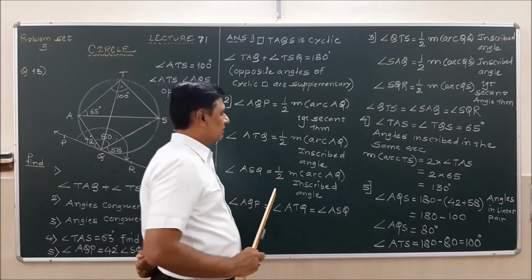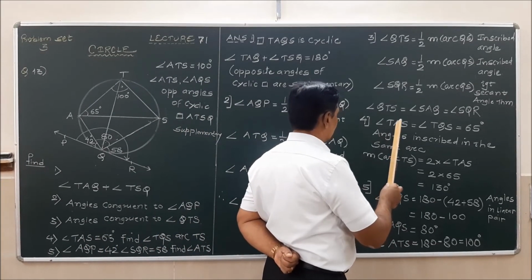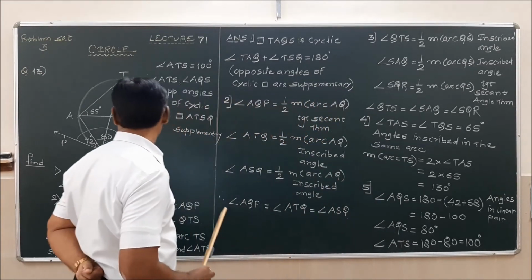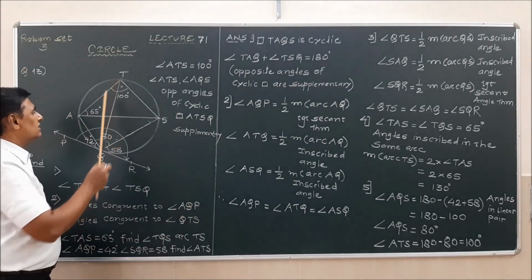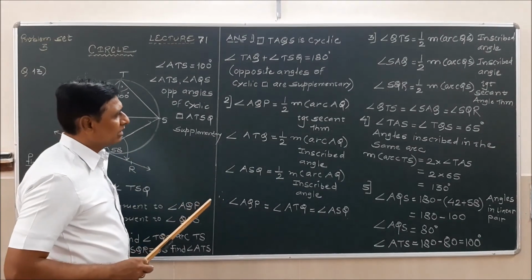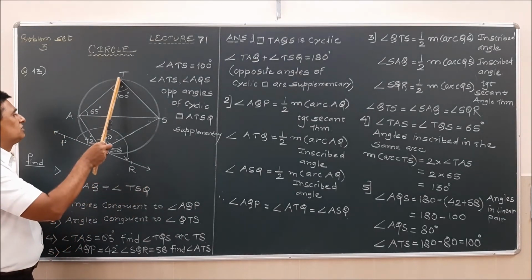Then next, angle TAS is equal to 65. Angle TAS, this angle is given as 65. Next to that, which other angle is 65? So TQS.